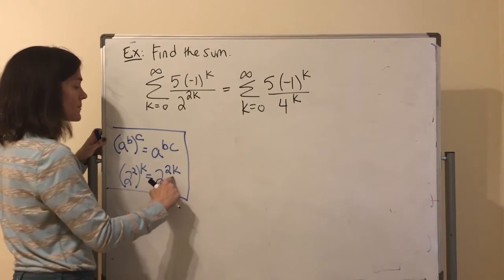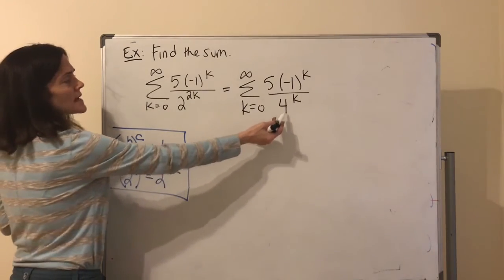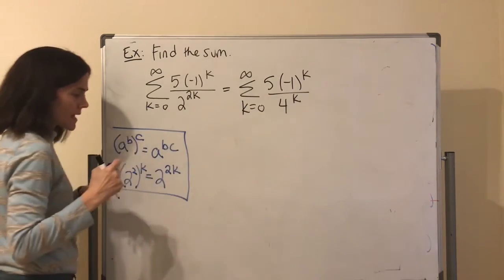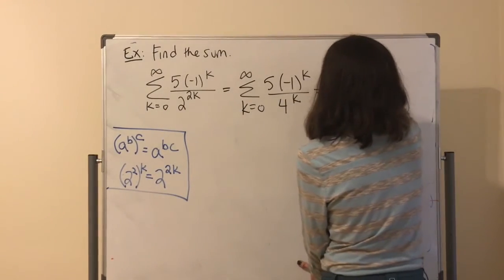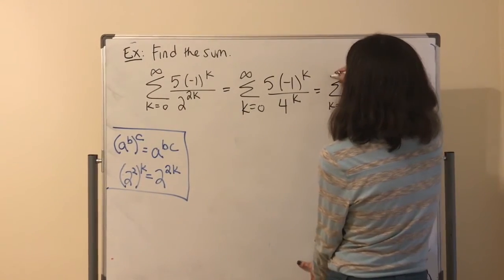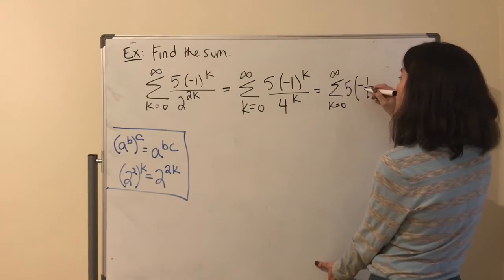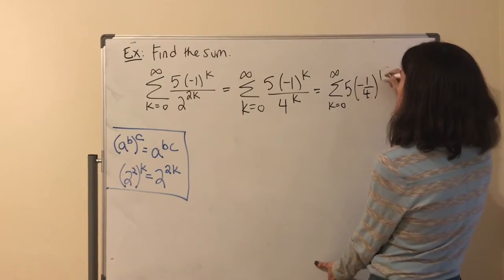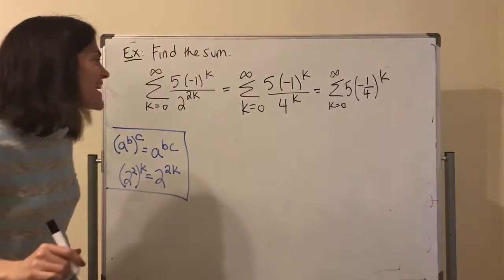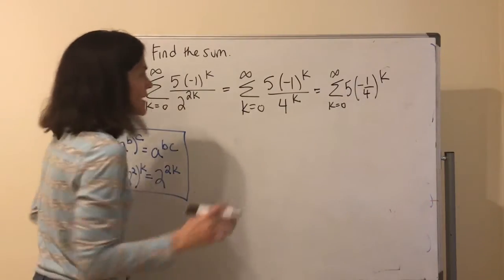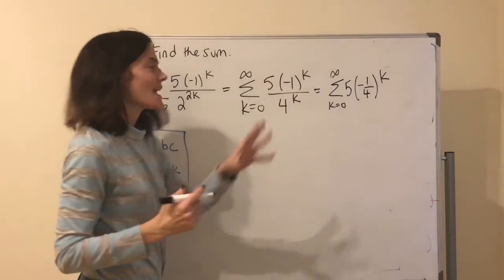Power to a power, multiply. 2 squared is 4. So now I have written this as a number to the k, and with one more step, I can write this as a sum, k equals 0 to infinity, of 5 times minus 1 over 4 to the k. Technically that's another property of exponents, where you have minus 1 to the k over 4 to the k. It's minus 1/4 to the k.